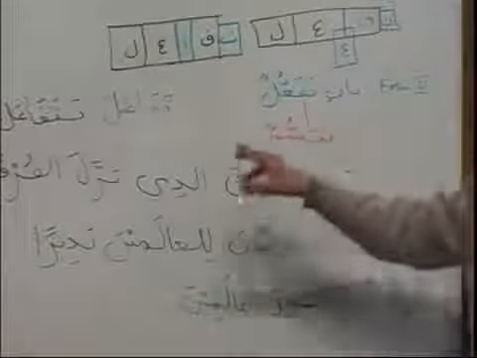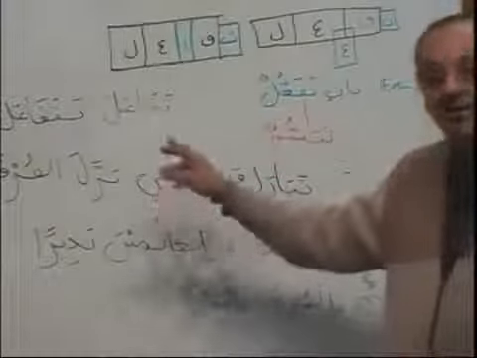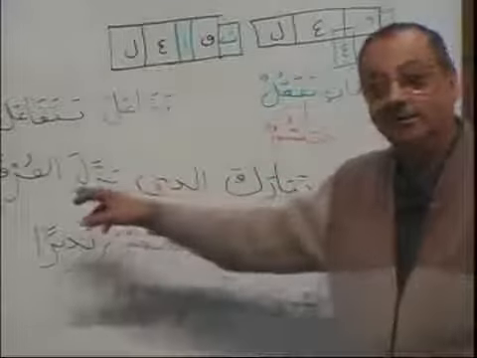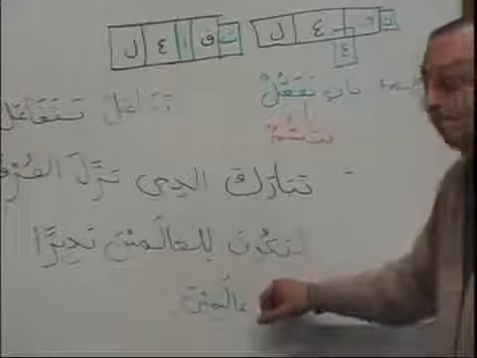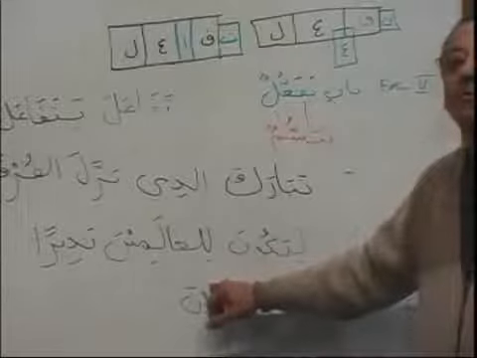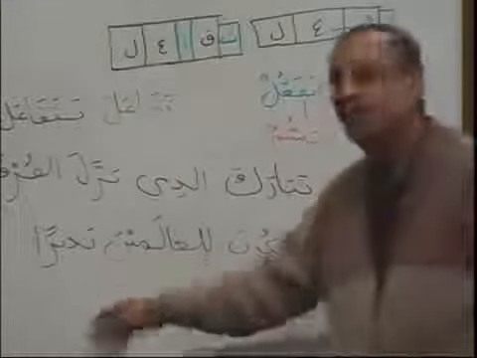So, brothers and sisters, blessed is the one who brought down the Furqan on his slave to become for the whole mankind, for all the worlds, a warner. Brother? A warner. Now, brother, I translated in English just to give you a simple explanation.